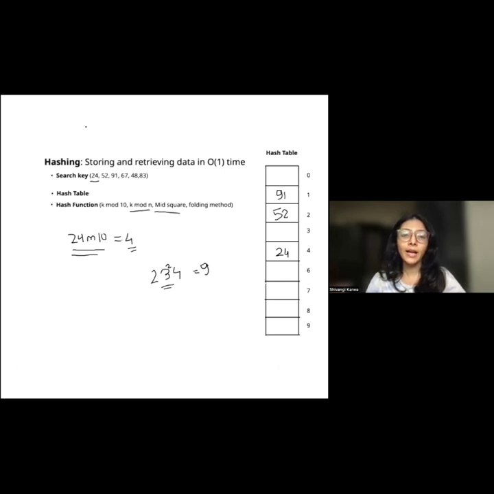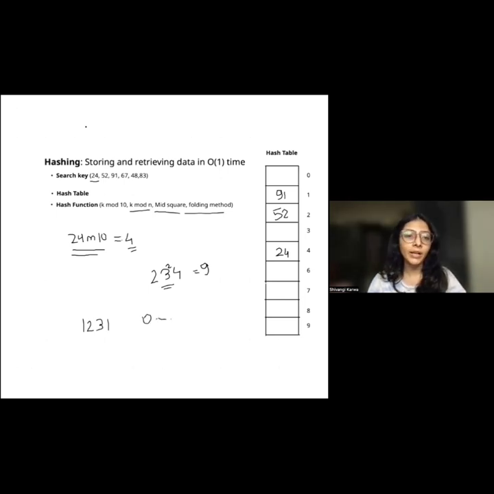The last hash function is the folding method. This is generally used for larger numbers that need to be stored in a limited space in the hash table. Let's say we have a bigger number, 1, 2, 3, 1, and we have a hash table that goes from 0 till 99.